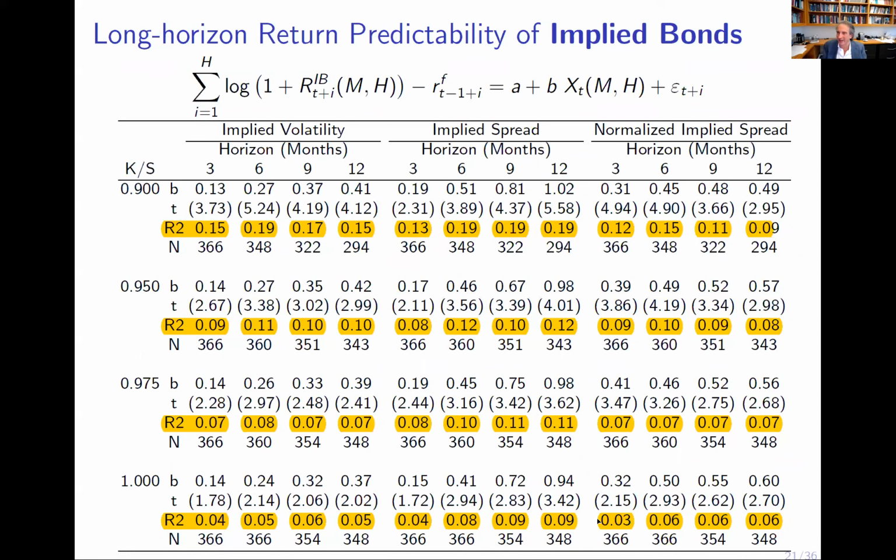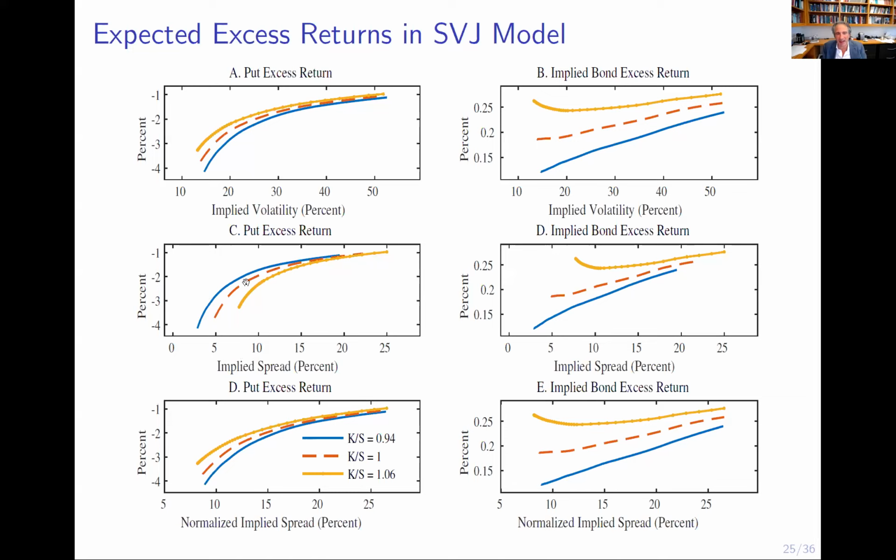Okay, standard estimates. The downside is that those estimates have this other implication on the left-hand side: a higher implied spread should also imply higher excess return on put options. Remember that the returns are negative. Higher means less negative. And that's using their estimates.